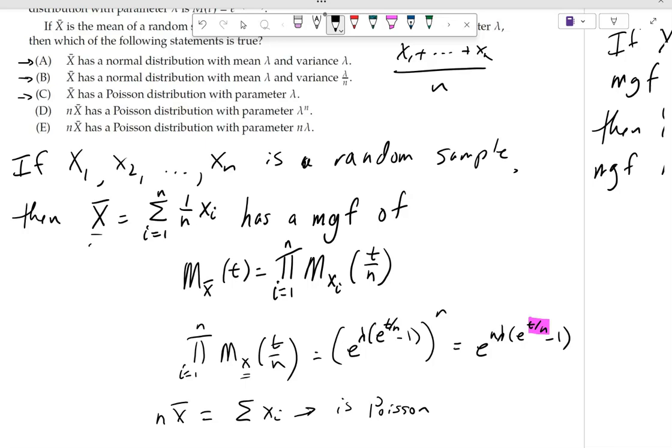Because notice in that case, you're not replacing this with a t over n anymore, are you? What do you do with the parameters in that case? For Poisson, you add them. So we get a parameter of n lambda in that case.